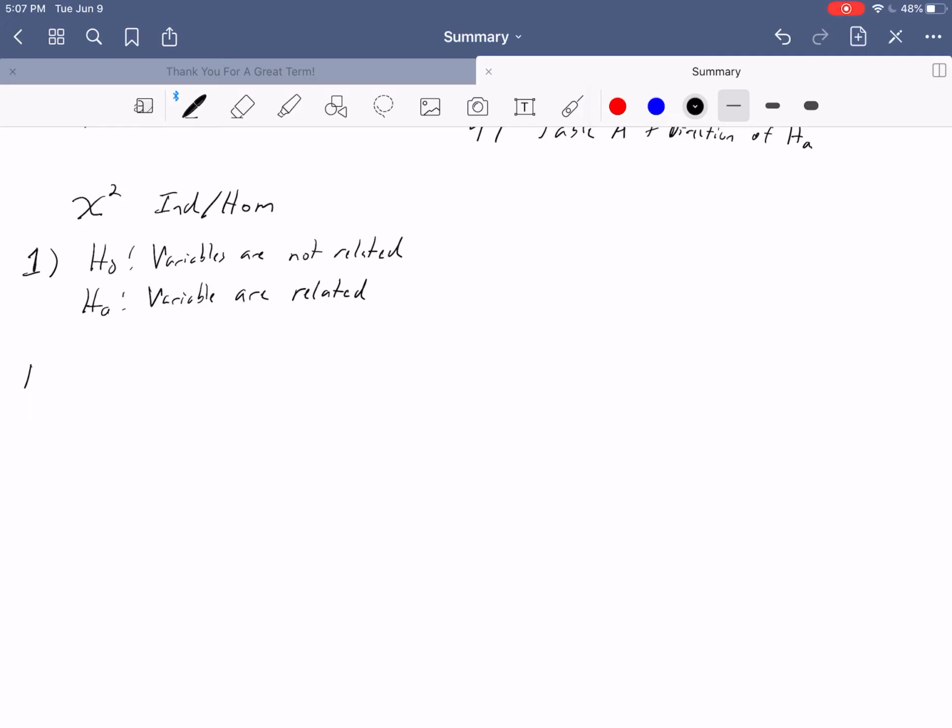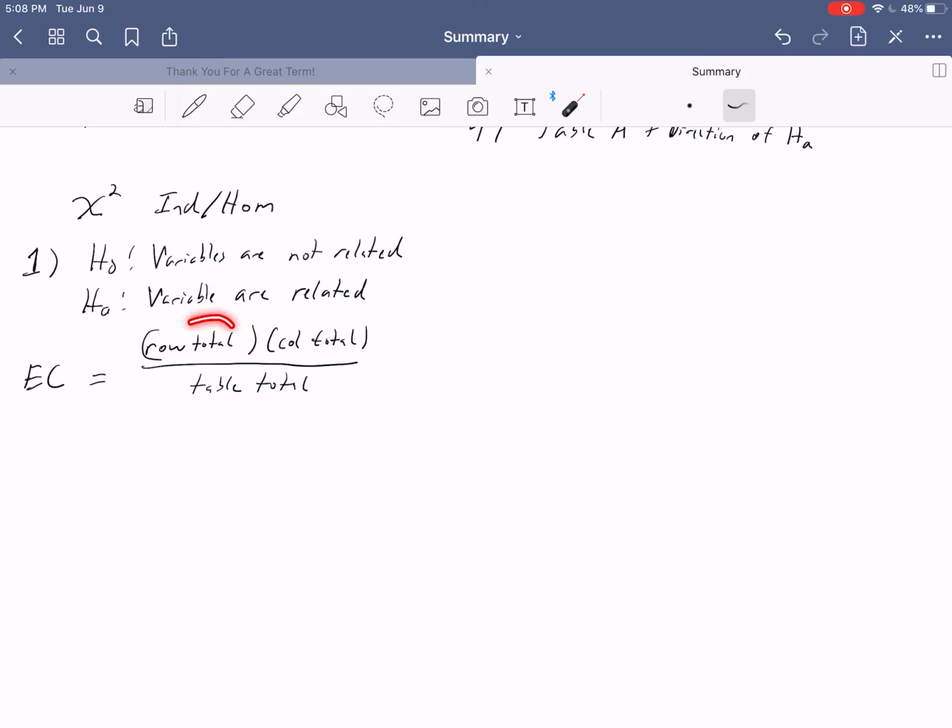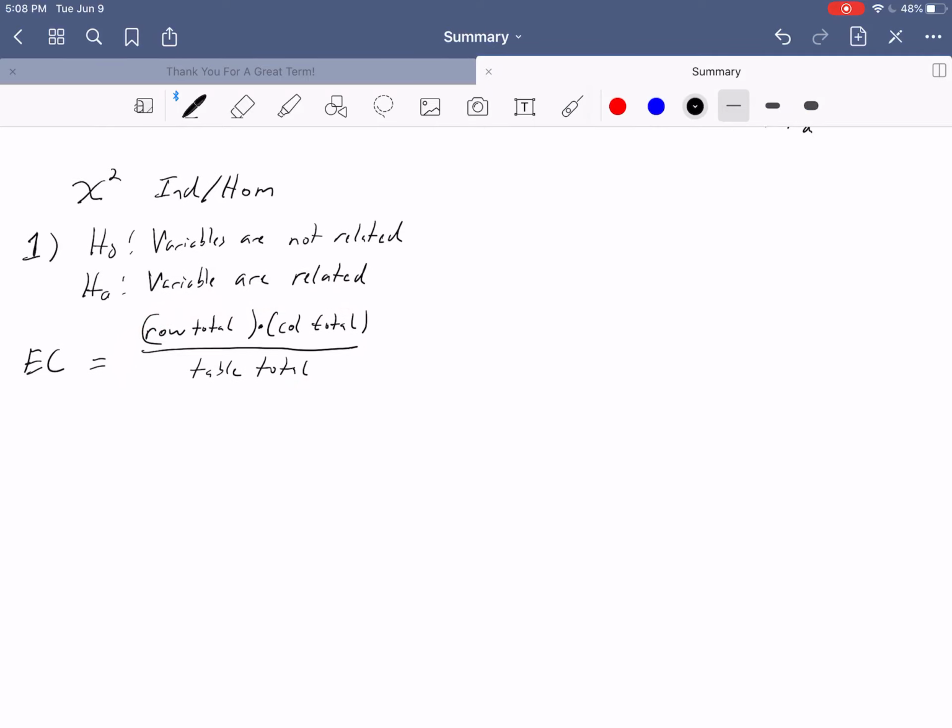Then, remember, we have an intermediate step. So we have to get that expected counts table. Those expected counts are calculated as doing the row total times the column total over the table total. And you'll need to do that for everything in the two-way table so that you can get those expected counts, and that's a multiplication in between those.